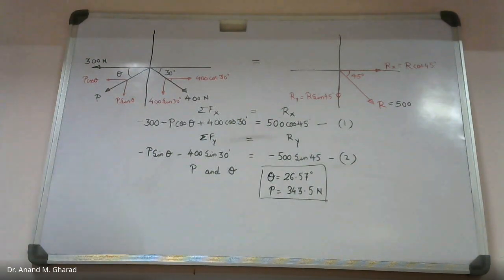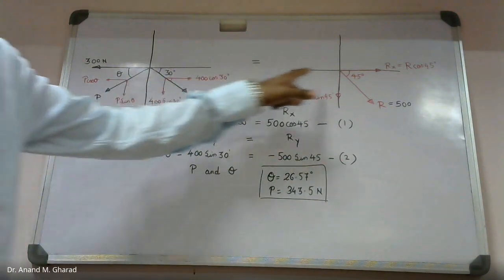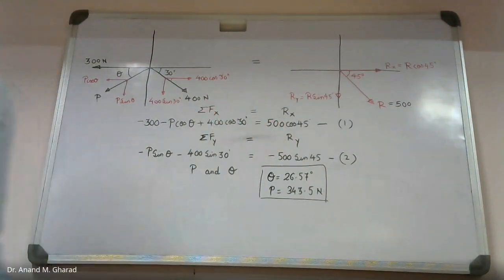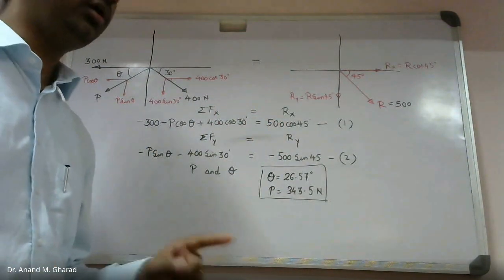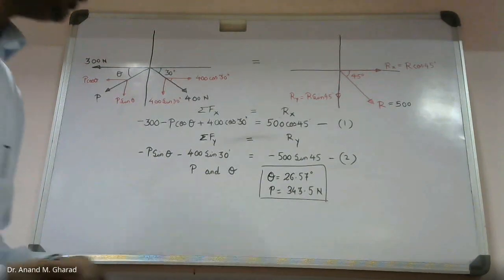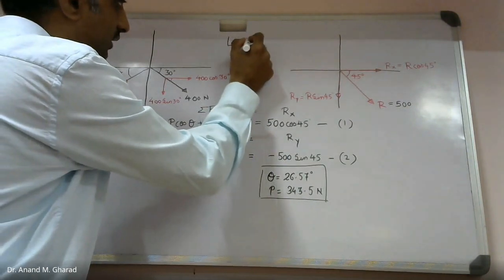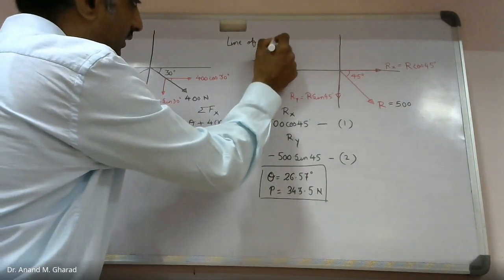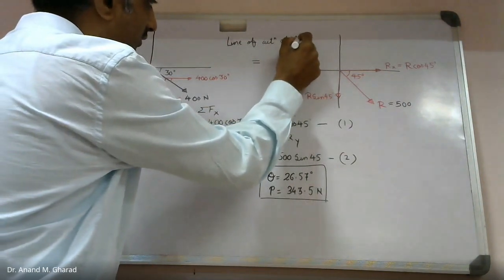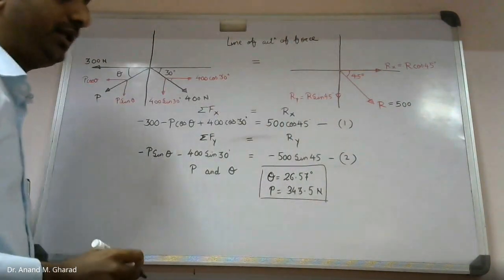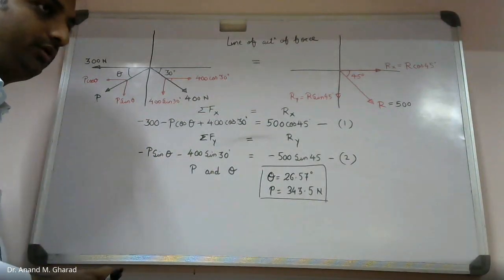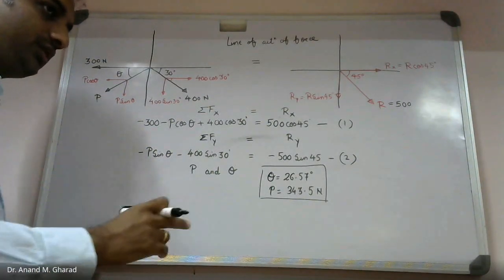And this was related to force systems which are coplanar and concurrent type of force systems, right? That means whatever forces are acting, those are acting at a single point. They are passing through the single point. Or a very specific term which I should repeat, that term is line of action of the force. Line of action of force is passing through the single point of all the forces, whatever forces are given.